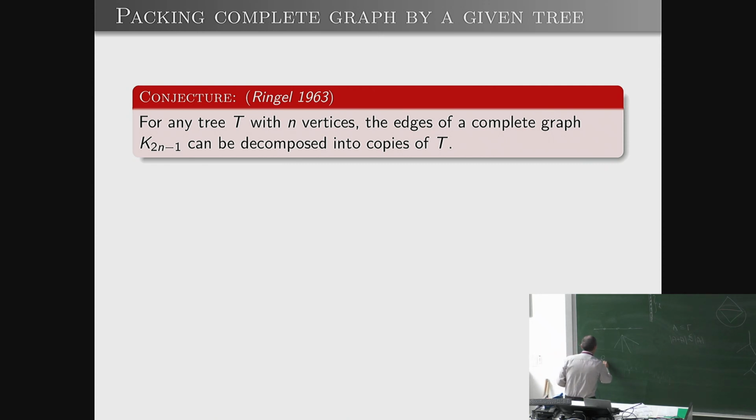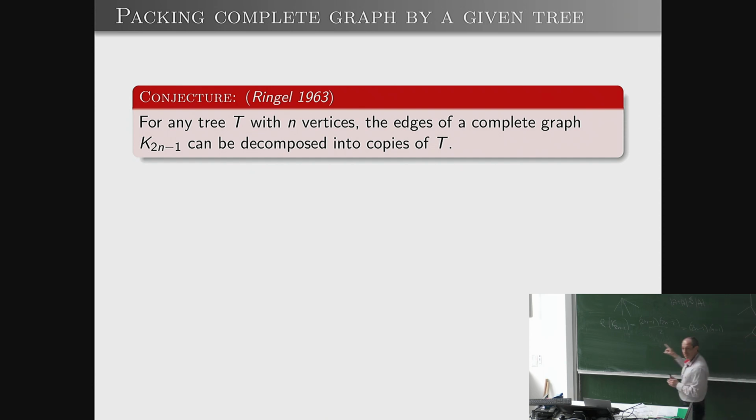The number of edges in the complete graph on 2n minus 1 vertices is exactly (2n minus 1) times (2n minus 2) divided by 2, which is (2n minus 1) times (n minus 1). Now, a tree on n vertices has n minus 1 edges.